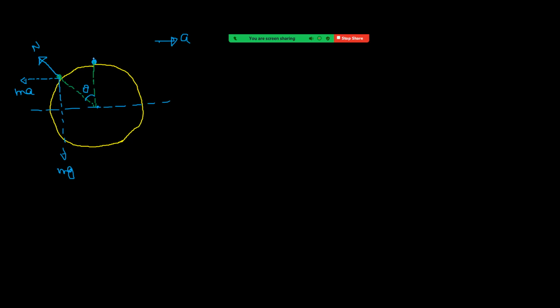So here initially speed was 0. Now we have to find the speed. That means we can focus now on the work energy theorem. That means I can write here: by normal reaction work done, by gravity work done, by pseudo force work done, net is now delta K, that is half mv square minus 0.